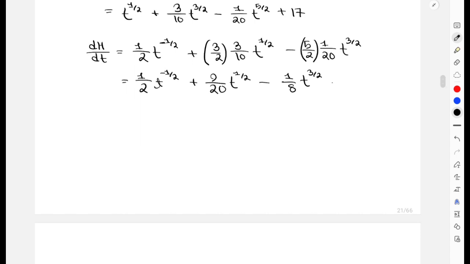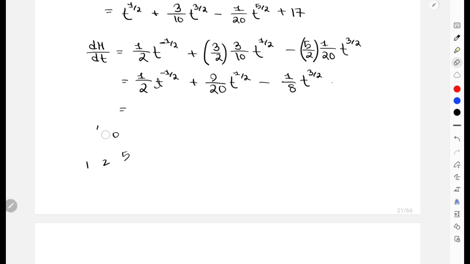So let's just do the LCM first. Of 2, 20 and 8: taking 2, this is 1, 4, 10, then again 2 gives 1, 2, 5. So 2 into 2 into 2 into 5, the overall LCM is 40.